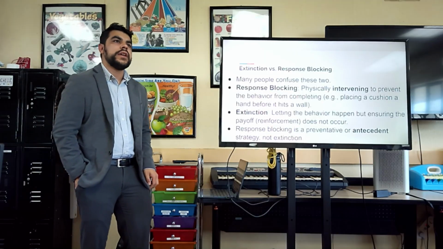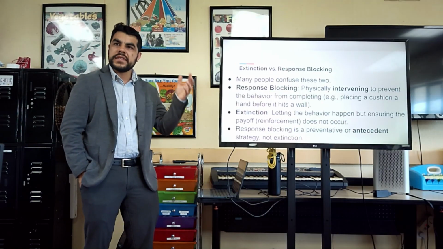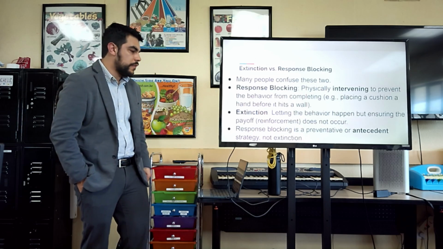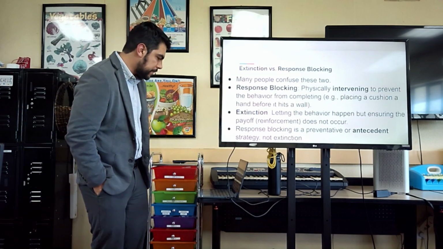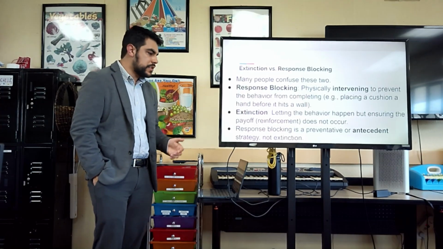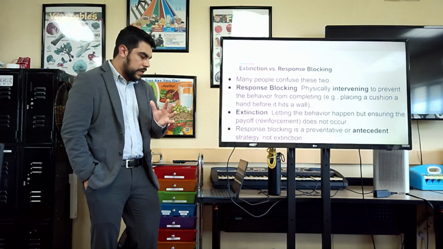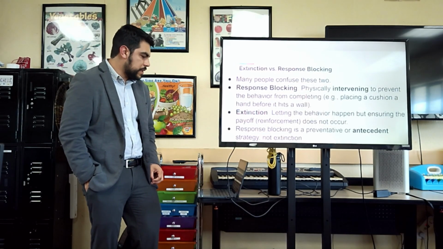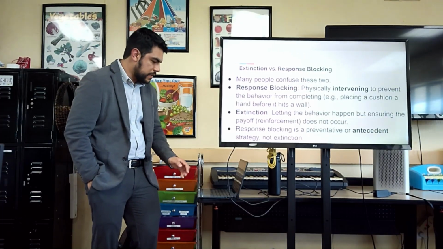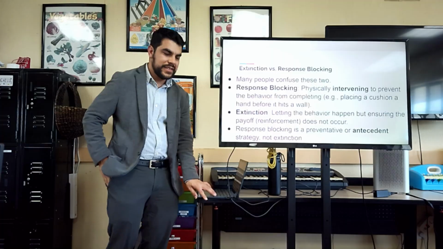It's the same idea when you introduce safety helmets and pads for individuals who engage in SIB with the function being automatic. So those are the main important distinctions we got to make between response blocking and extinction, because they are very easy to get confused.